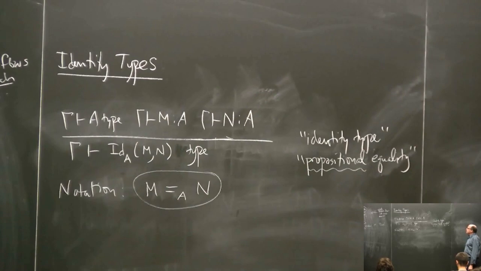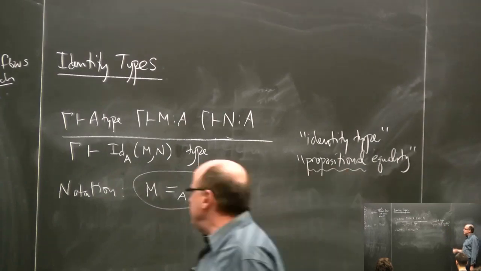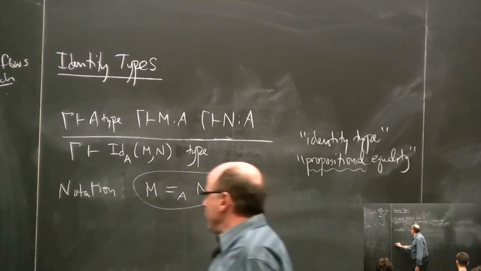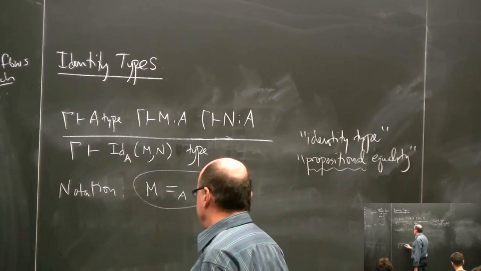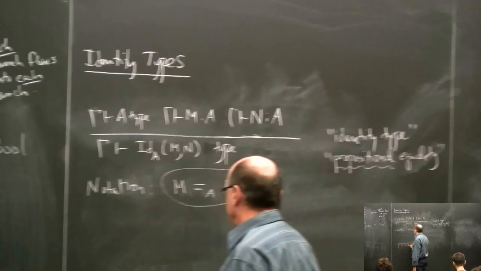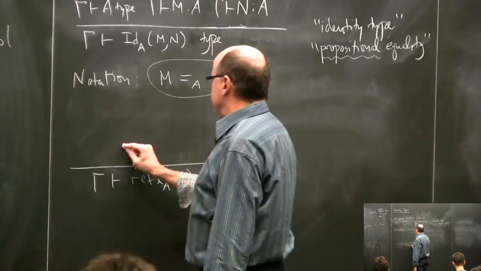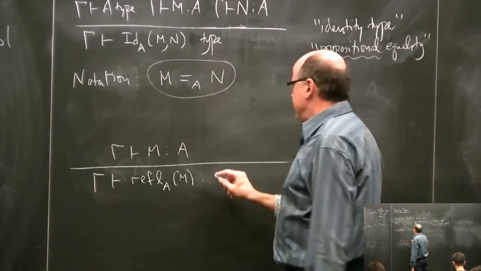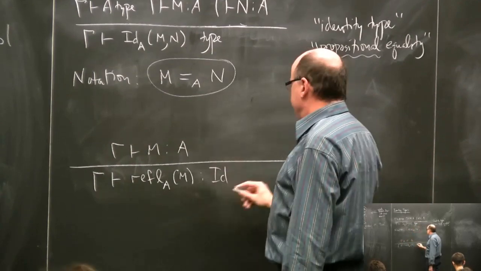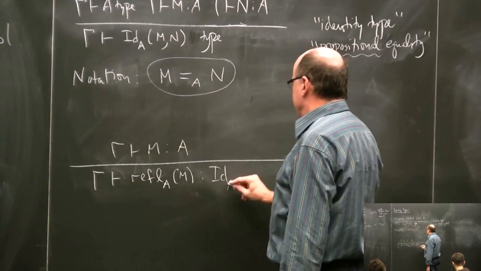Okay, so if it's meant to be the type of equations, things representing evidence that M and N are equal, then the premier form of evidence for that fact is the axiom of reflexivity of equality. So it'll be written like this. It says, if I have any M in A, then refl_A(M).